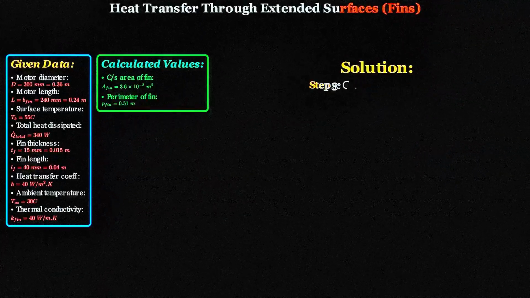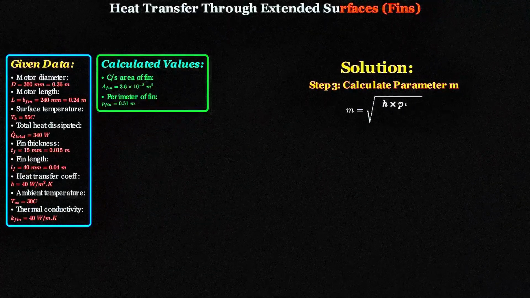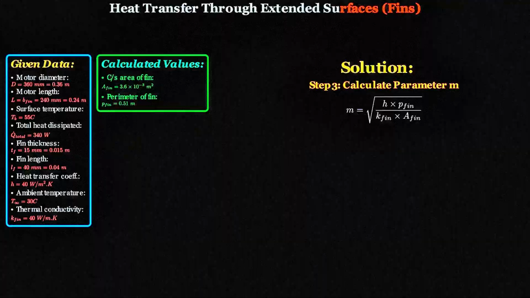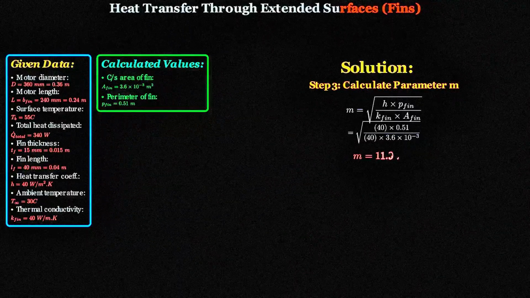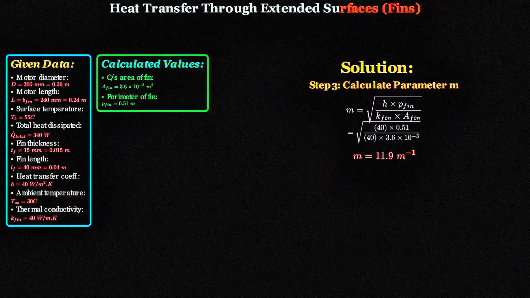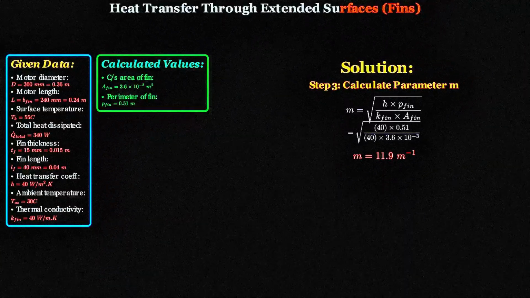Step 3. Calculate the fin parameter m. This is an important parameter in fin analysis. M equals the square root of h times P sub fin divided by k sub fin times A sub fin. Substituting our values, the square root of 40 times 0.51 divided by 40 times 3.6 times 10 to the -3.